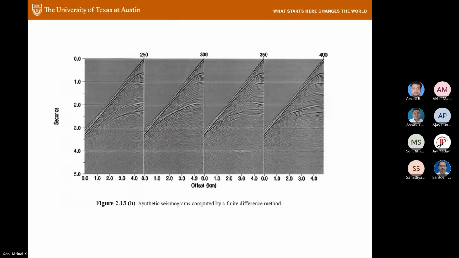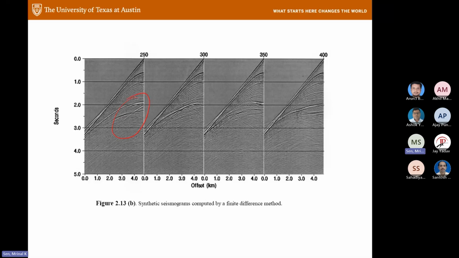So for these 4 shots, with the streamer kind of geometry, this is what the seismograms look like. Now, this is very different from what you are normally used to seeing, right? Because this is a laterally heterogeneous medium, you're seeing all these features.